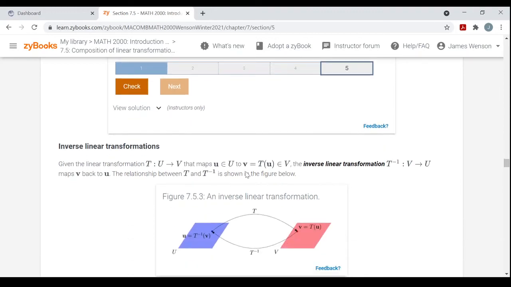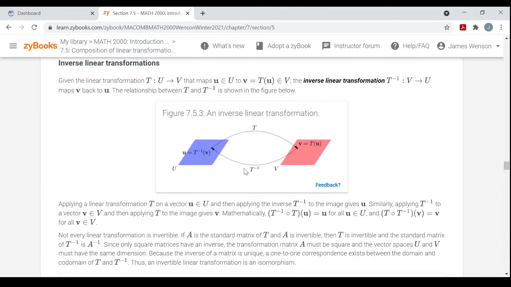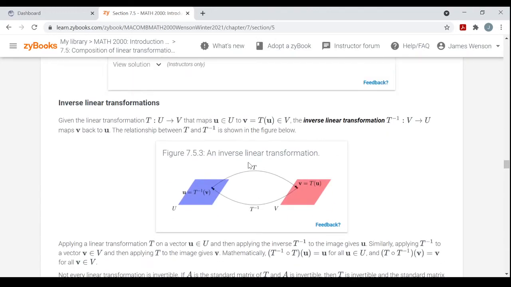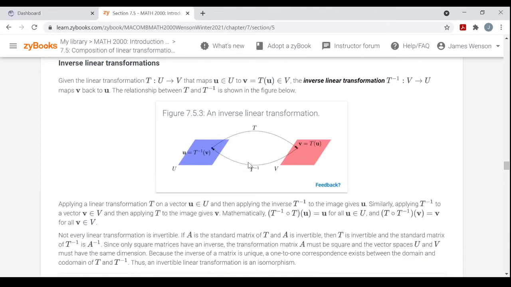All right. And I think this is the final part. We'll see. Then we'll talk about inverse linear transformations, just reversing the mapping. Hopefully you remember what inverses are.